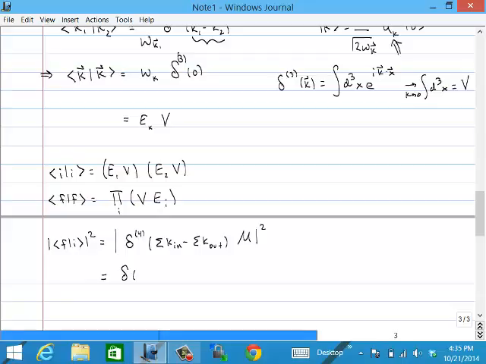But we've already learned how to deal with infinities so far today, because we're regulating the system by putting it at finite volume. So we're just left with a 4-dimensional delta function of 0. And what's the 4-dimensional delta function of 0? Well, the 3-dimensional delta function of 0 was volume, and so this is going to be volume times time.